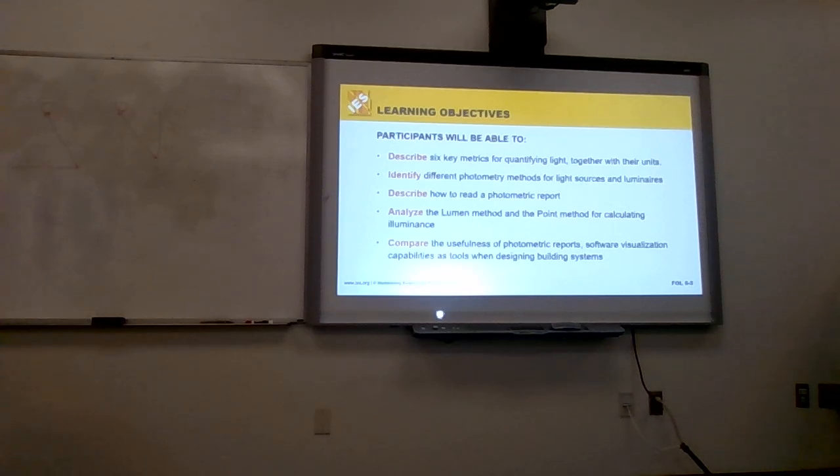Describe how to read a photometric report. Analyze the lumen method and the point method for calculating the lumens. And then compare the usefulness of photometric reports and software visualization capabilities as tools when designing building systems. All right.